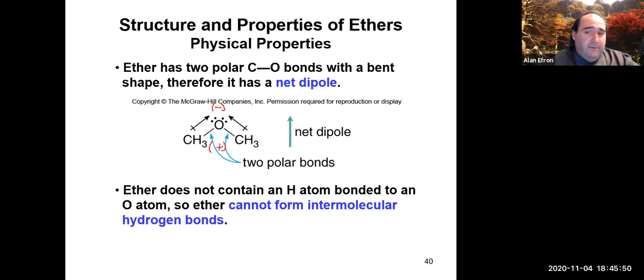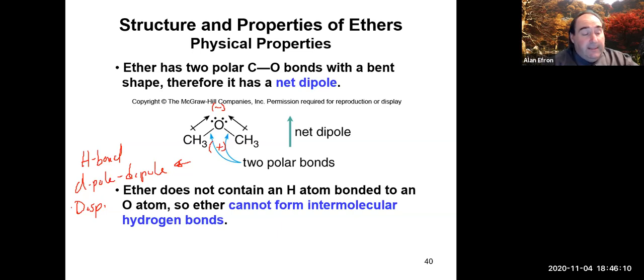If you remember in terms of strength, we have hydrogen bonding as our strongest, dipole-dipole as our next, and lastly, our weakest is dispersion forces. So these ethers are going to be using dipole-dipole interaction.